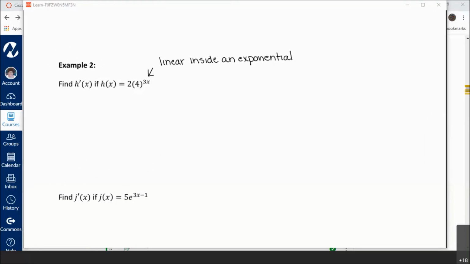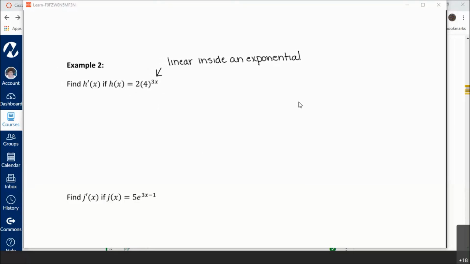I'm not going to mess with it. The exponential part is 4 to the 3x. The 2 is just multiplying the output of that, so it's a coefficient, and that's just going to get pulled through.